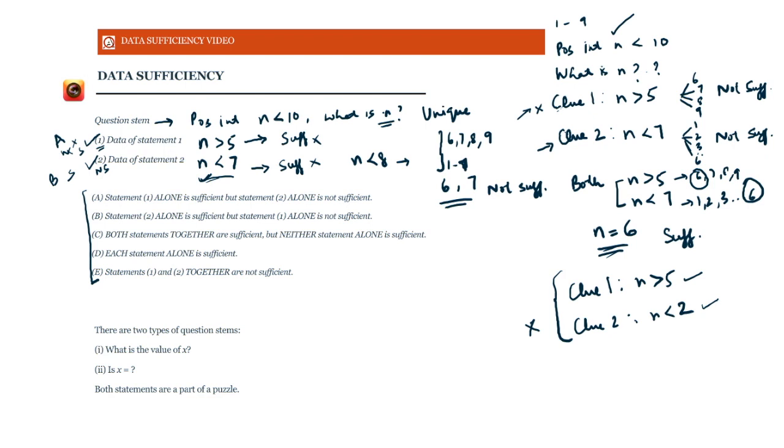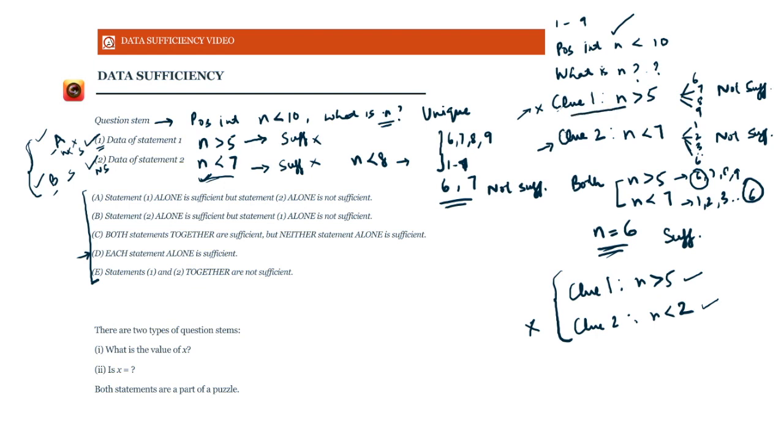Now, if either one of the statements alone is sufficient and the other is not, I get my answer as either A or B. If both alone are sufficient, independently they are both sufficient, then my answer is D, that each statement alone is sufficient. Now, what happens if neither statement alone is sufficient? What will we do next then? We will check whether both together are sufficient.